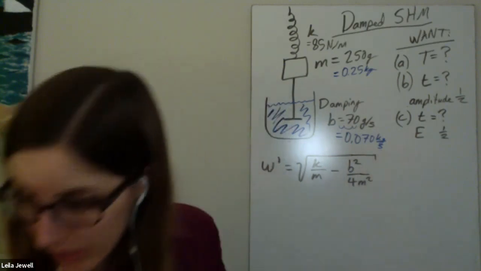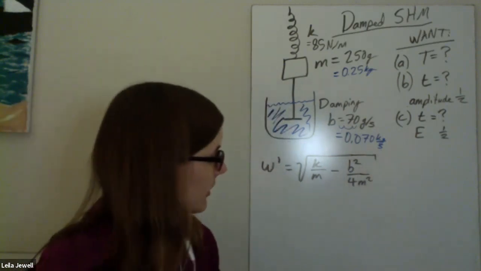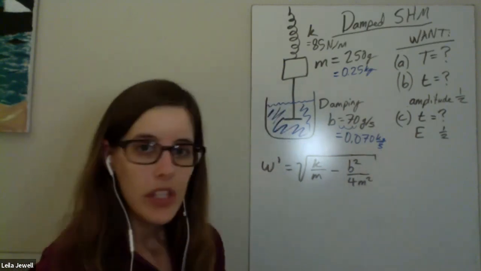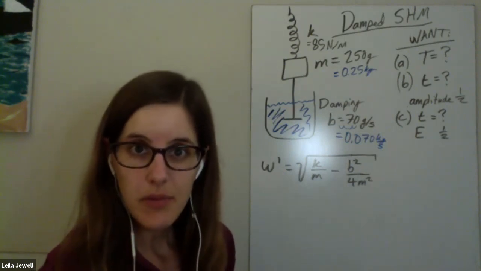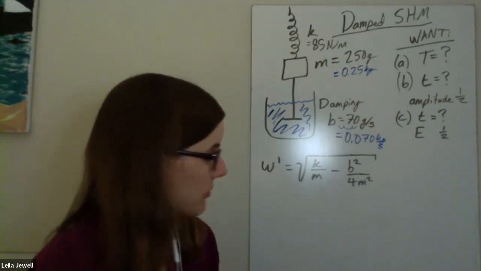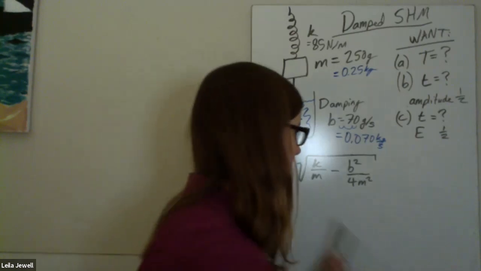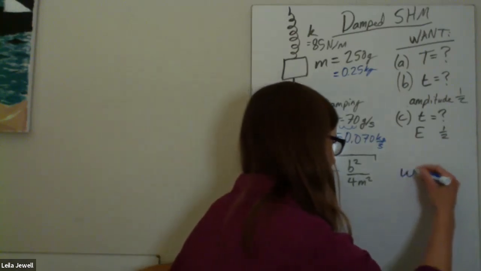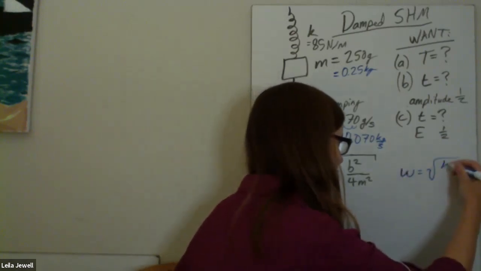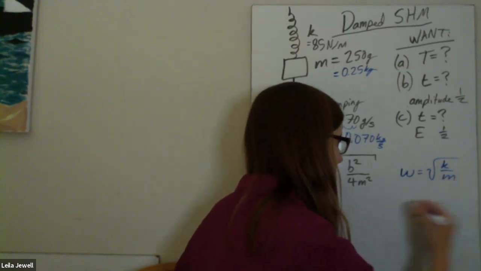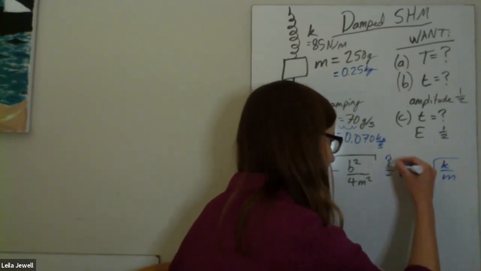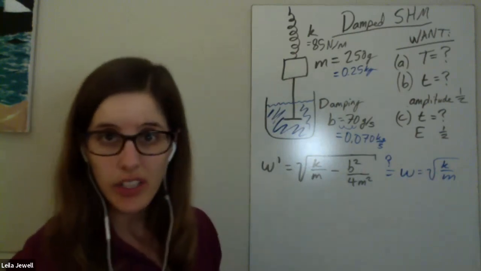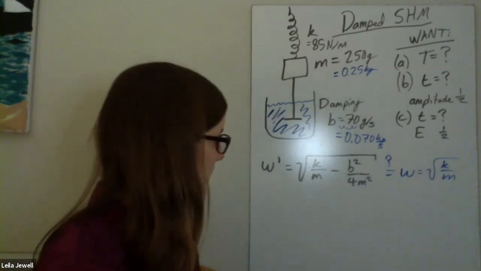Let me double check. Yes. Now, is this a case when we could use the natural frequency instead? That it's just equal to the square root of k over m? Are these equal? Well, I say we check it out, because why not?